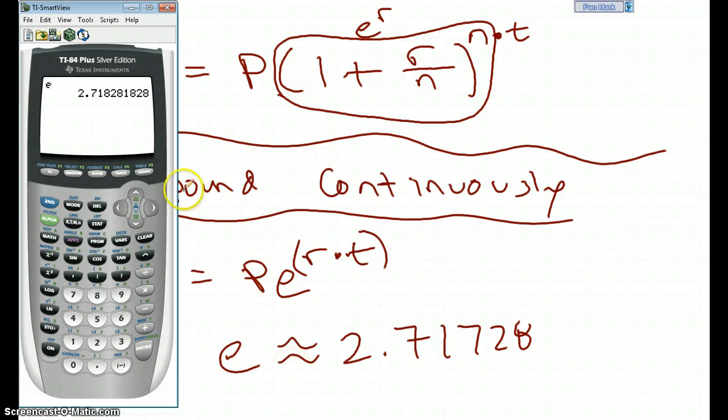And if you hit enter, suddenly this number pops up, 2.71828, which is the same thing you'd get if you typed in second LN and you put in a power of 1, 2.71828. So we won't really go on discussing where this thing originates from and how it comes about.